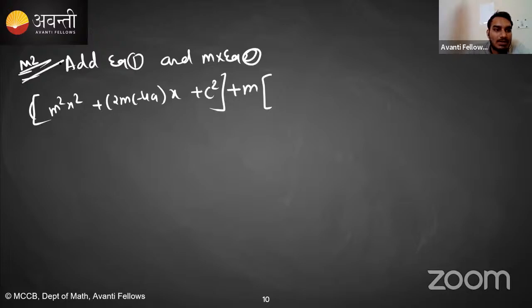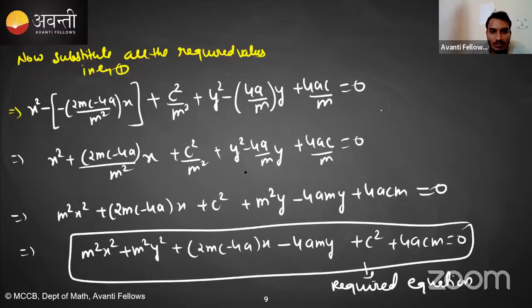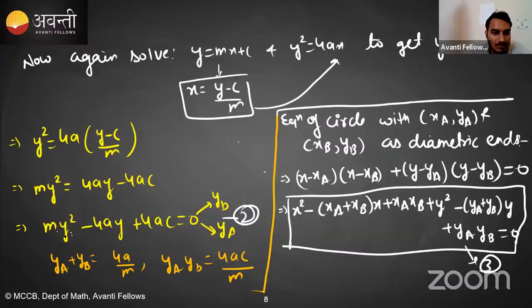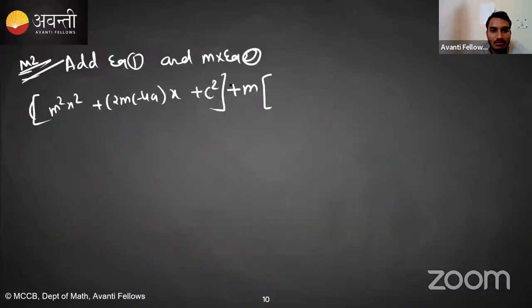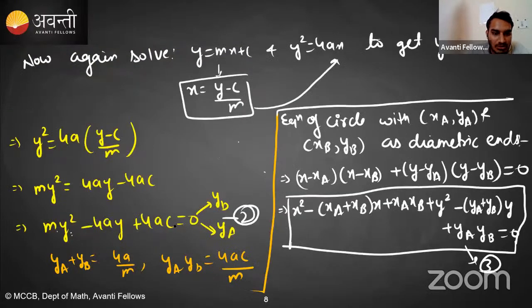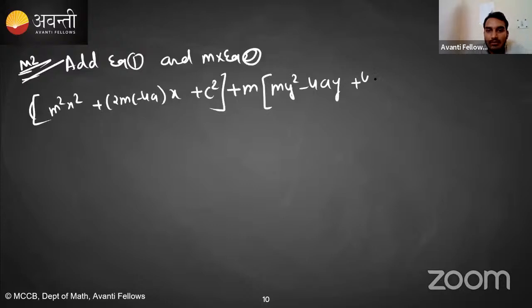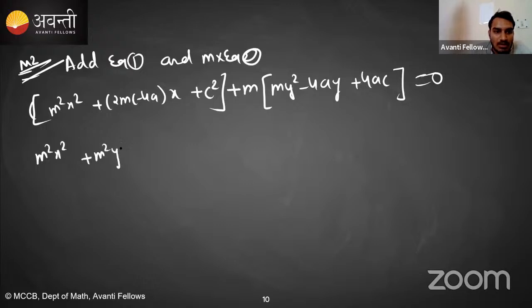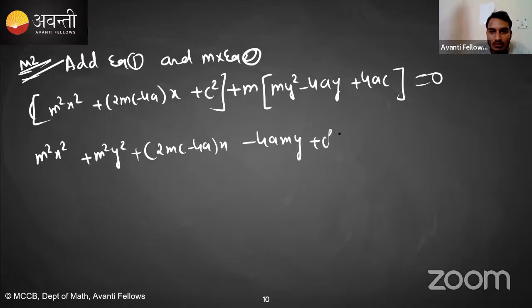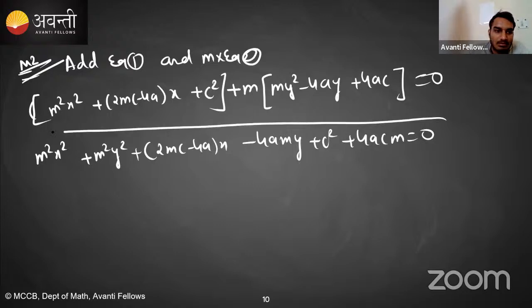What is equation 2? m times y square minus 4ay, plus 4ac, which is equal to 0. So the required equation is m square x square plus m square y square plus (2mc minus 4a) into x plus 4am into y plus c square plus 4acm is equal to 0. This is the answer.